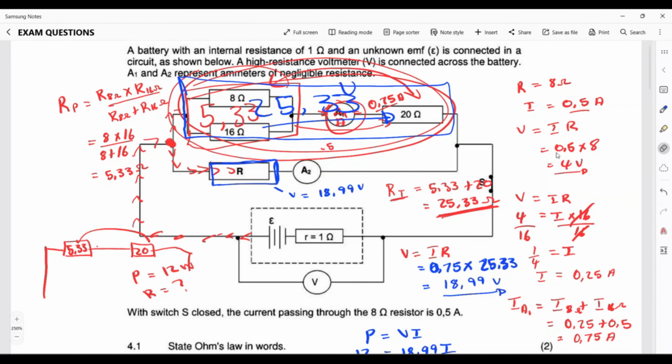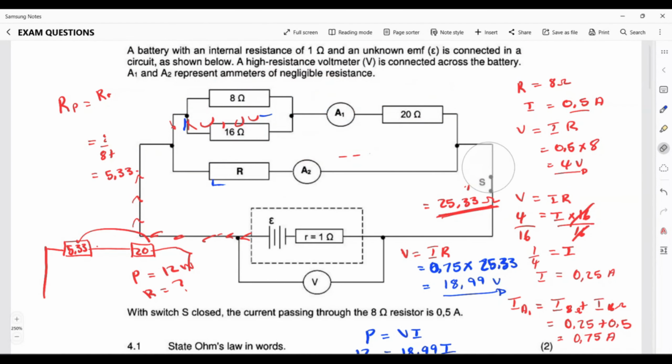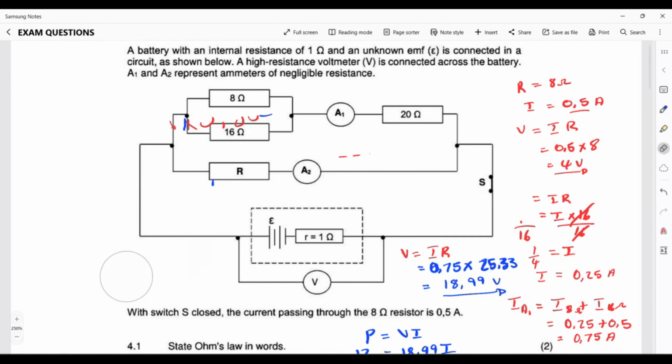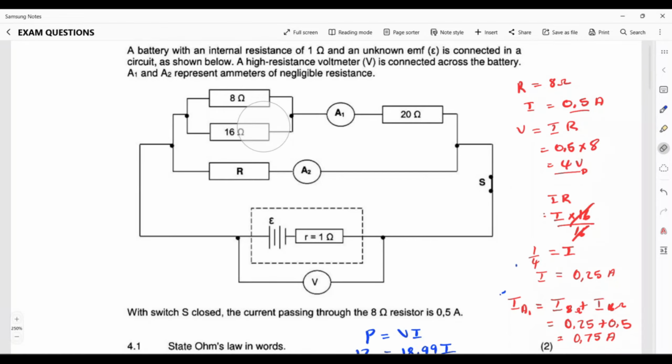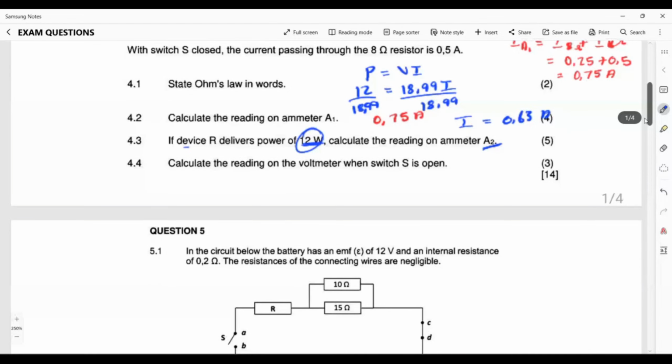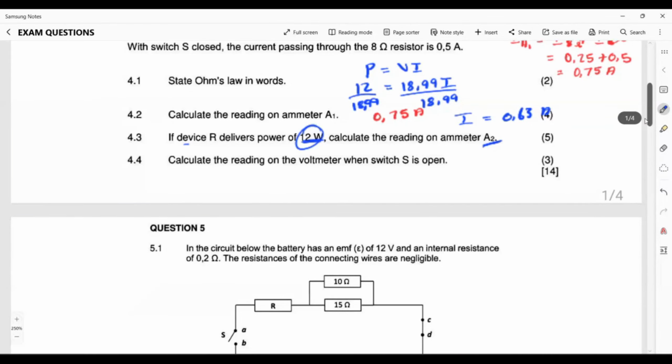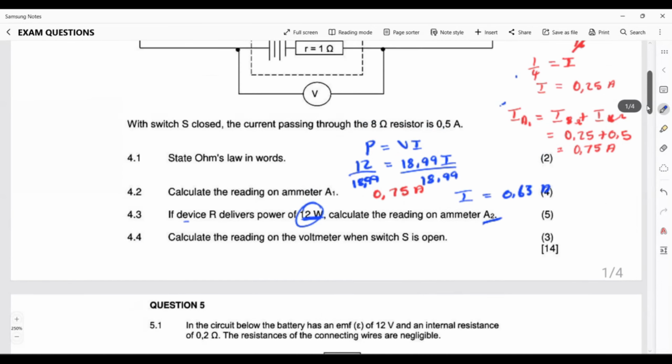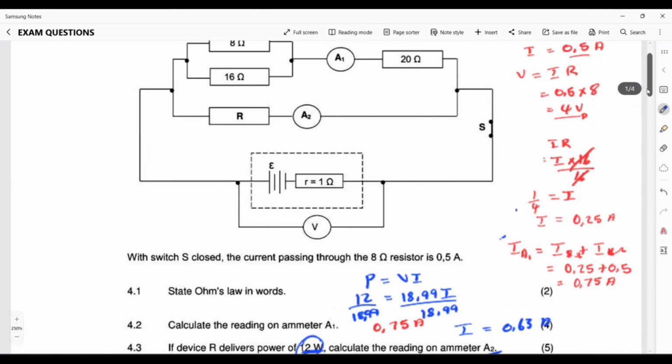It's a bit messy, bit dirty. Okay, now I'm sorted over here. Let me go back to the question. The question said, calculate the reading on the voltmeter when switch S is open. Reading on voltmeter when switch S is open.